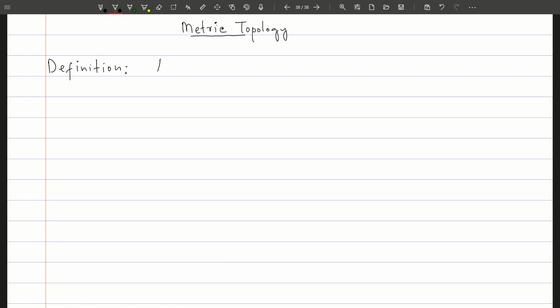A metric on a set X is a real valued function, say d, from the Cartesian product of X with X to R, having the following properties.